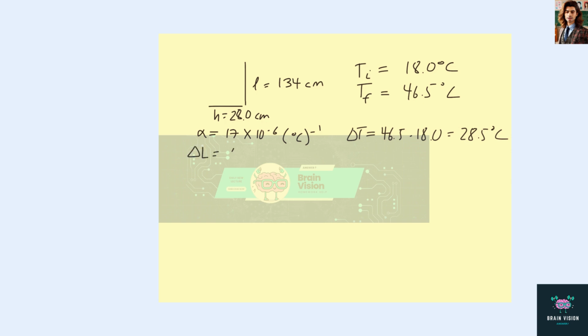Now to find how much each section of the pipe expands, we can use the equation delta L is equal to alpha times the initial length times delta T, and substitute in H and lowercase l instead of our big L and Li.